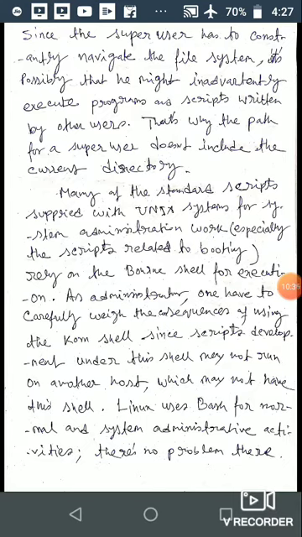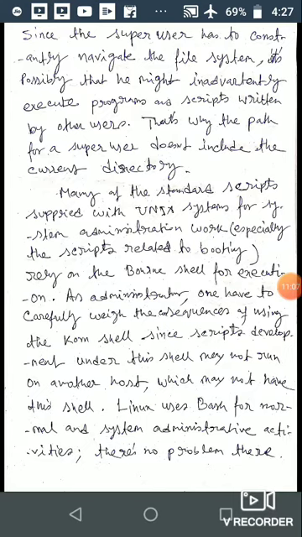That's why the Bourne shell and later the bash shell have to be present in your system, and by default it is present there.